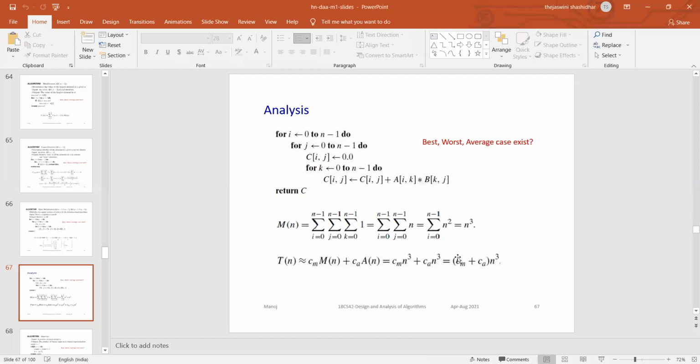Okay, so have you understood this matrix multiplication? If you have not understood, kindly ask me again.